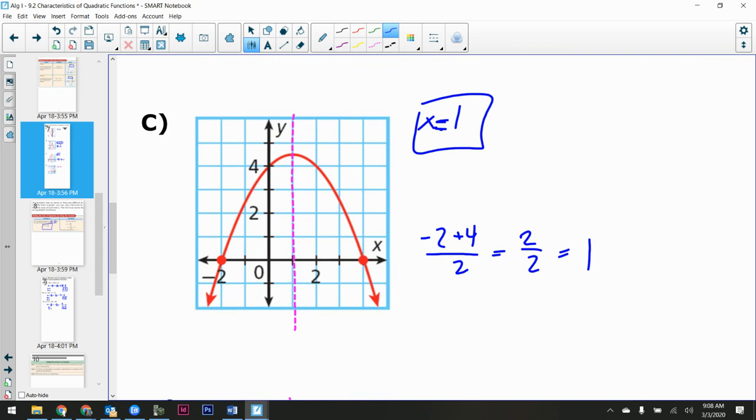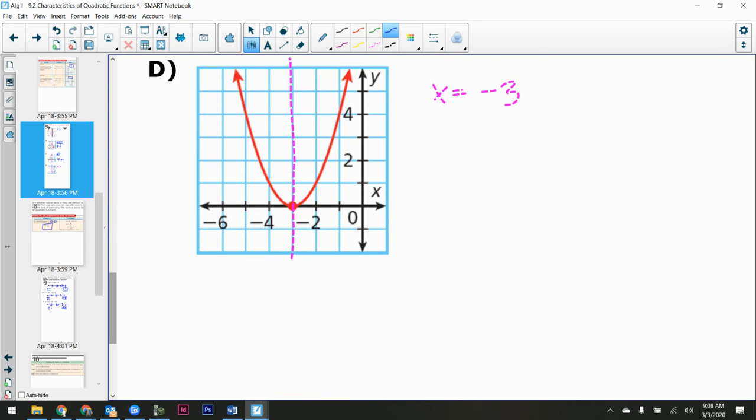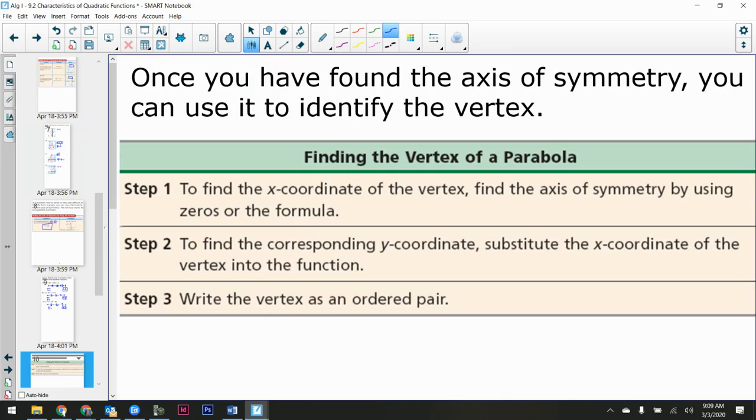If I pick out this vertex, what's the x coordinate? 1. If I pick out the vertex -3, what's my... So what am I getting at here? The x coordinate of your vertex is your axis of symmetry. It has to be, because doesn't your vertex always go through that axis of symmetry?